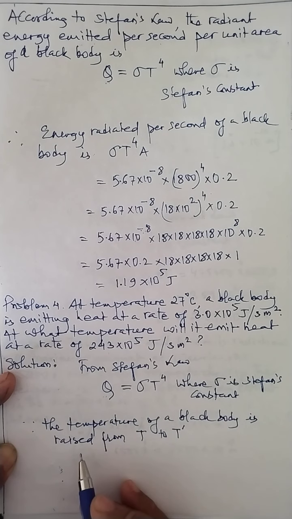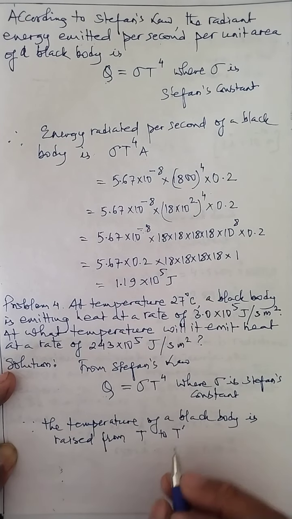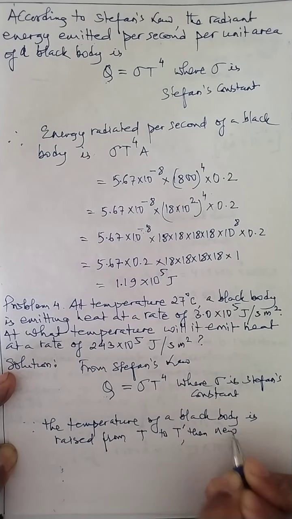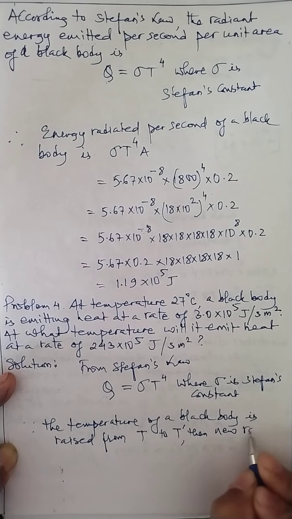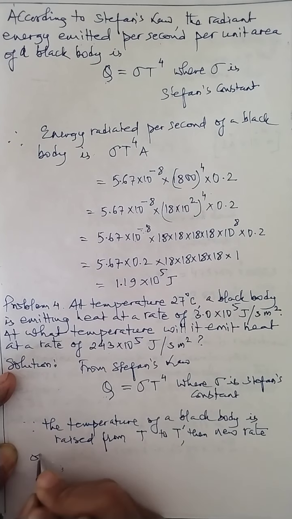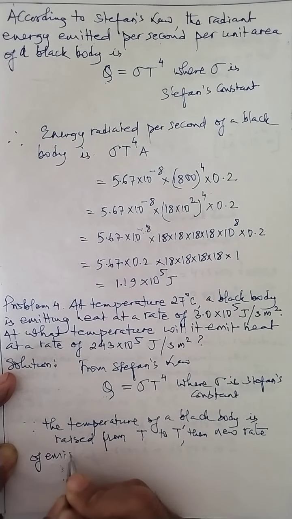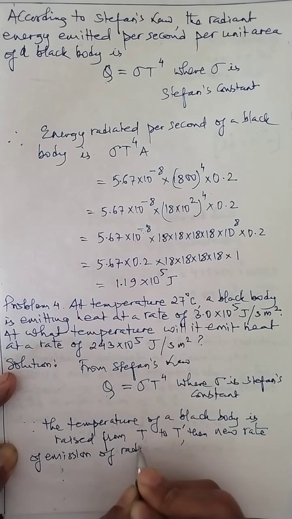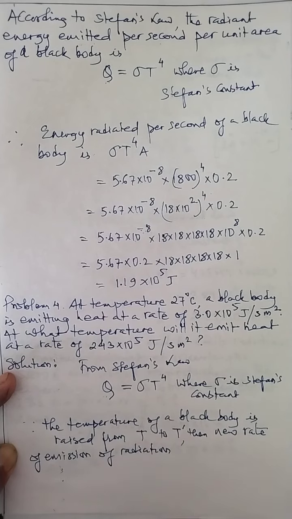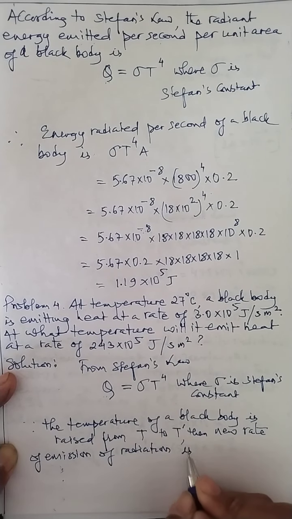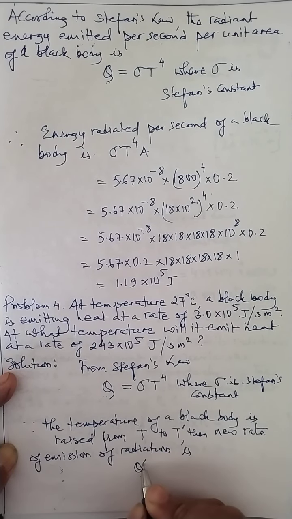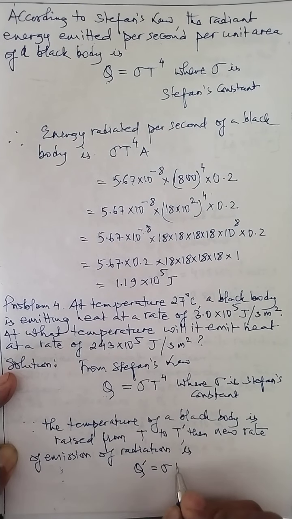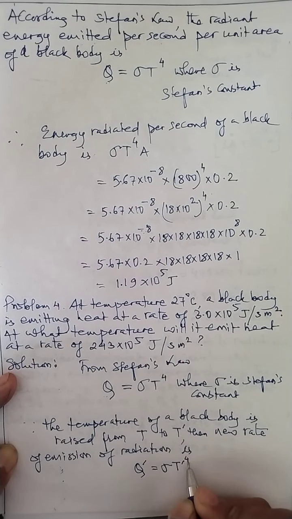So when the temperature of the black body is raised from T to T dash, then the new rate of emission of radiation from a black body is given by Q dash, and this Q dash equals sigma T dash to the power 4.